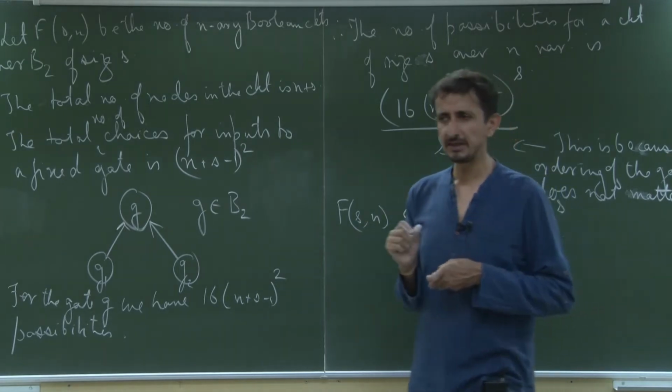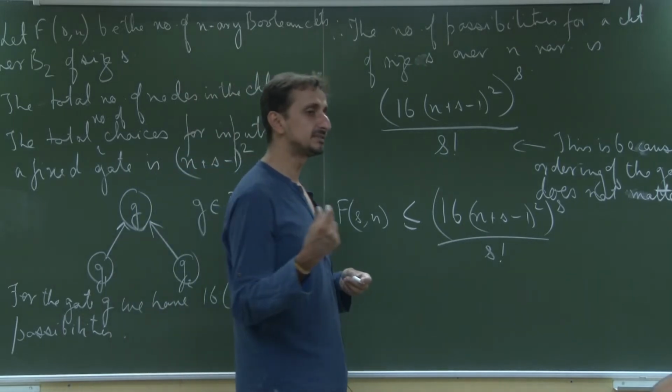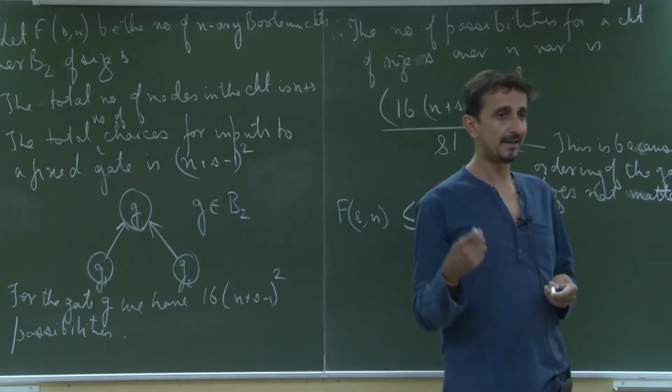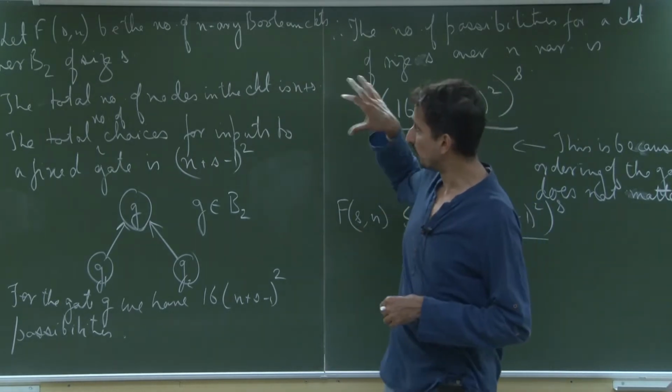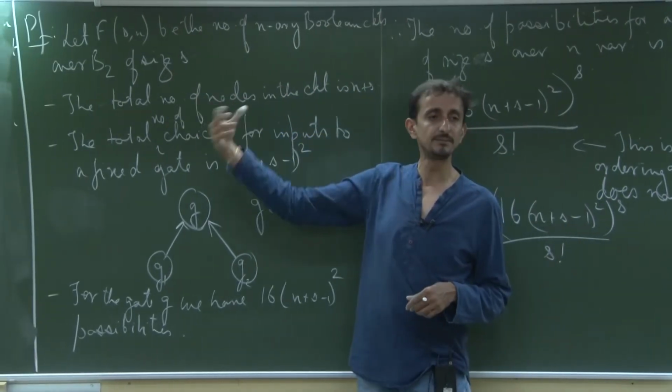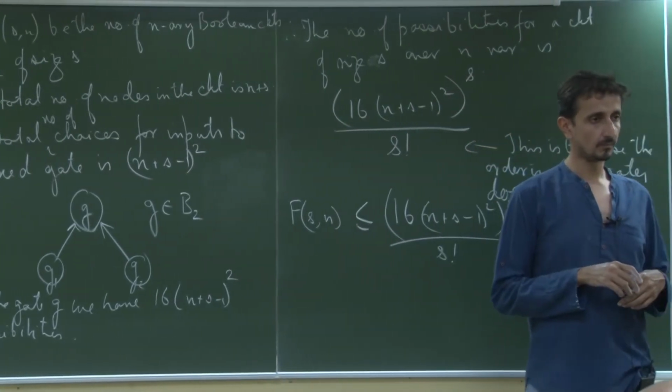Okay. So, I do not think I formally used the word fan in last class. So, fan in of a gate means the number of inputs to that gate. Fan out of a gate means the number of outputs from that gate. So, the moment we say that the circuit is over B2, it means that the fan in of every gate is at most 2.